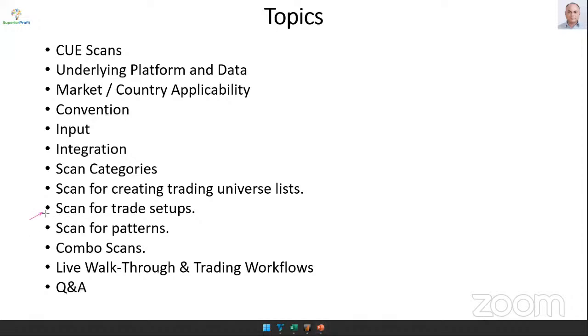So scan for trade setups usually done individually. Sometimes you may combine them with pattern scans. So you have pattern scans, trade setup scans, and then combo of usually patterns, but sometimes you may combine pattern with setups. We explained many examples how they could help us anticipate a trade and get ready.